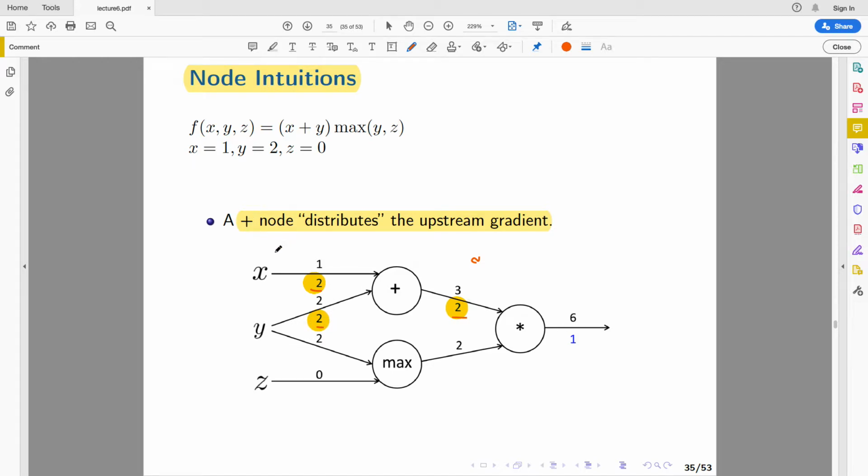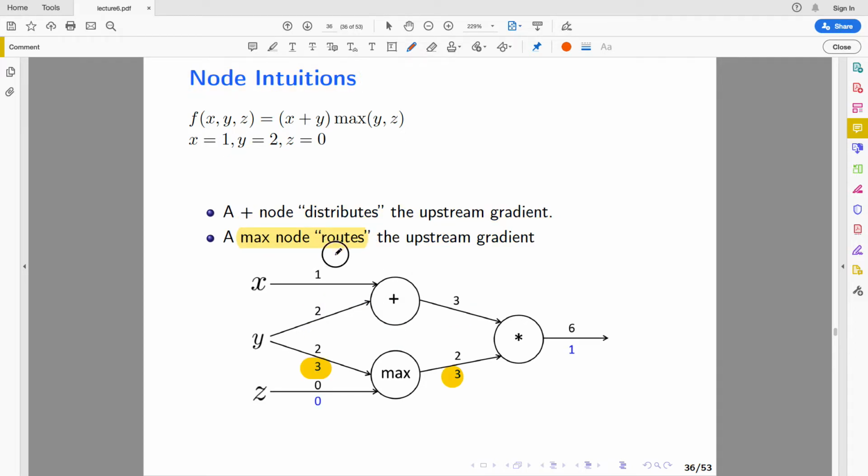You will see that this node is actually computing addition, and this upstream 2 is distributed to each of the inputs to that particular node. That's what we mean that the plus node just distributes whatever is the value of the upstream.